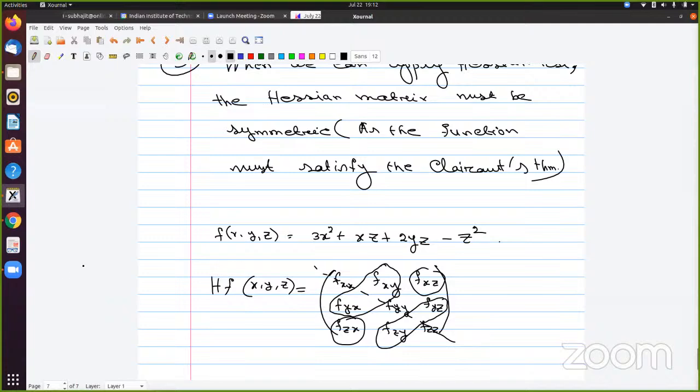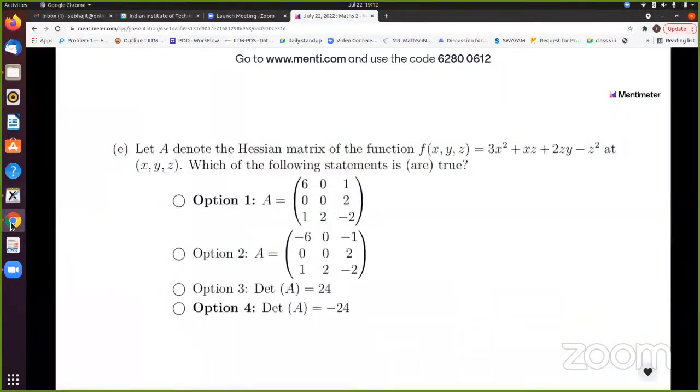So at which point do we need to find it? At any xyz.